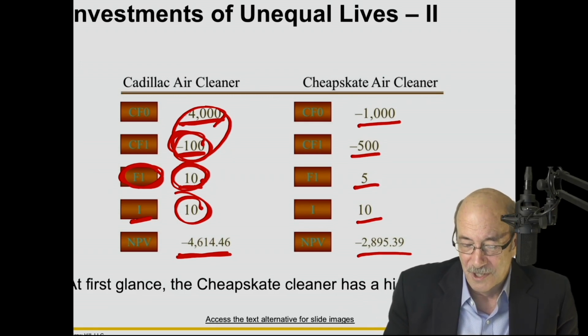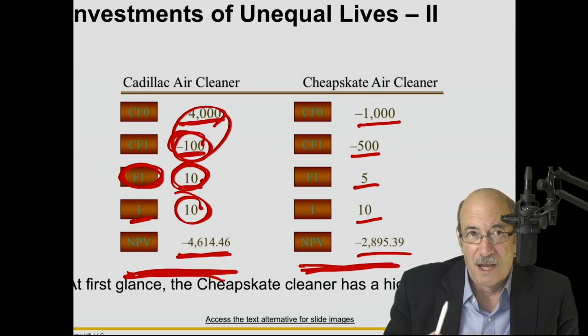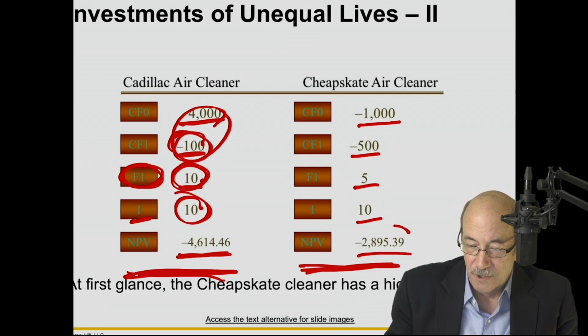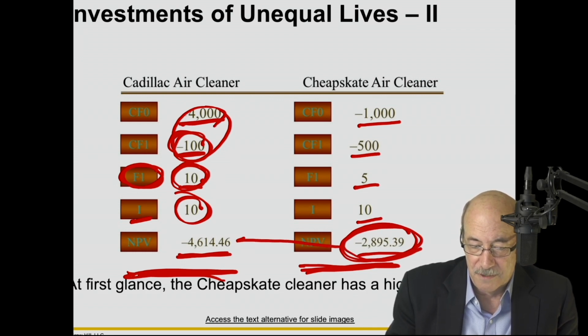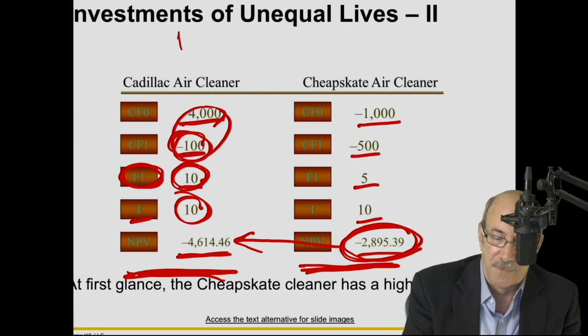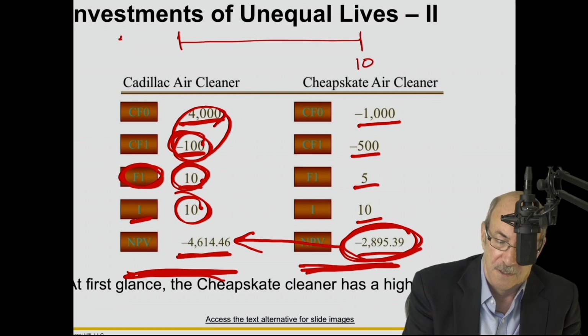Right? Because this is half the life of this. Now, this isn't the proper way to do this, but I could just do a real quick back of the envelope and notice that if I doubled that, it's going to be more than that. What I could do is say, I've got this 10-year life at 46.14.